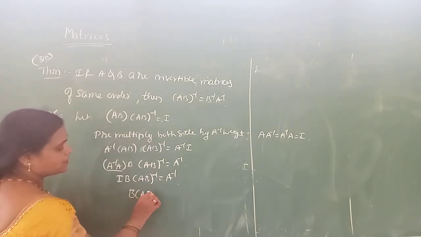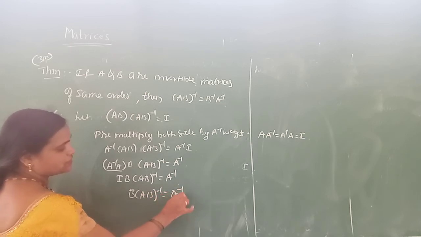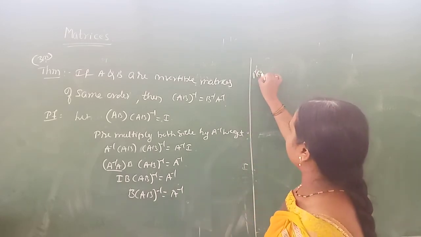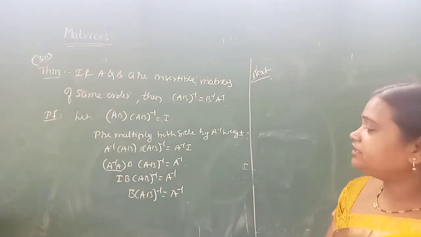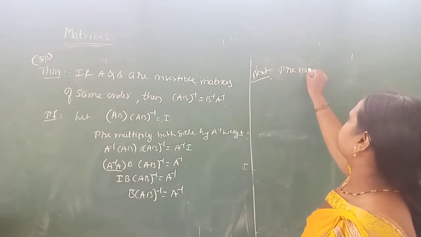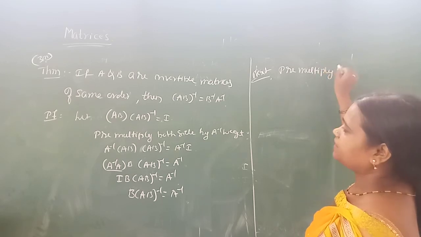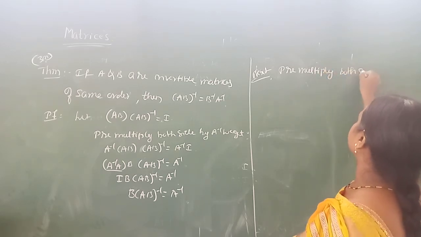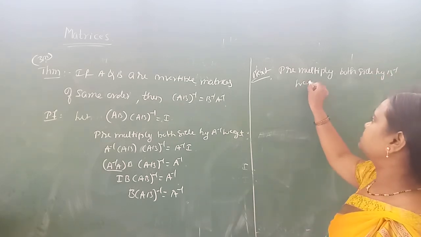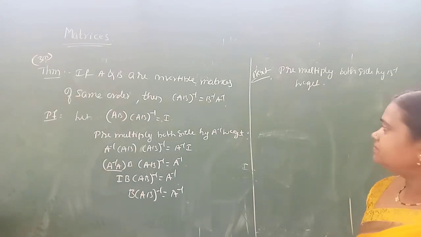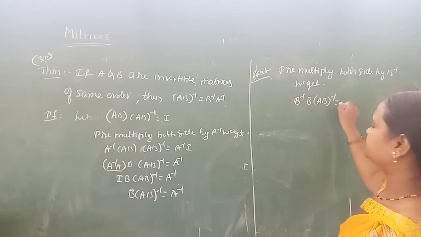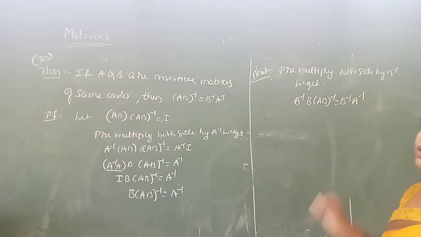So B, the inverse of AB, is B inverse A inverse. Next, I want to eliminate B. For that, pre-multiply both sides by B inverse. We get B inverse of B, the inverse of AB, is B inverse A inverse.